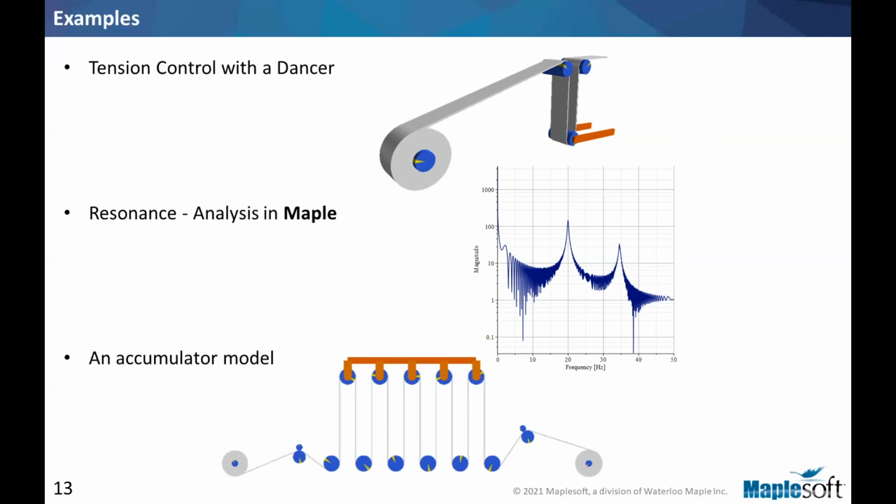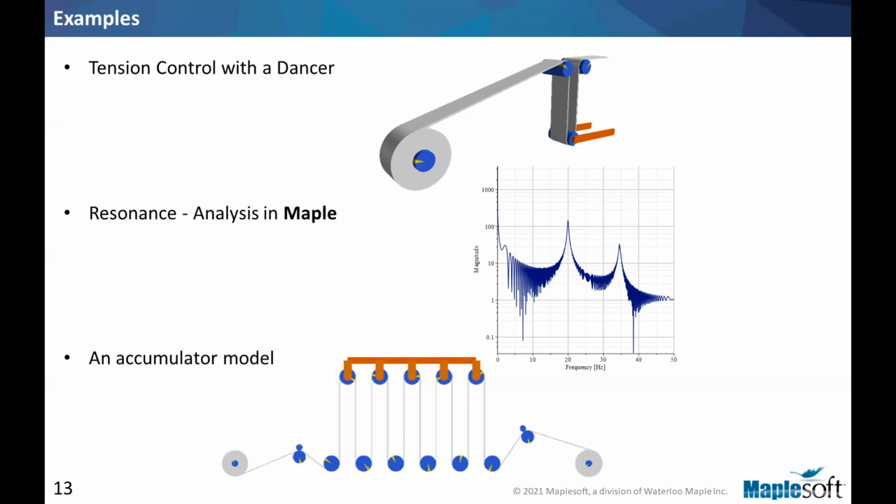These are dynamic systems, so they could go through resonance. So we have an example showing how a system is set up, and then further post-processing on the data is done in Maple. Obviously, I won't be able to go deep into Maple, but there is a whole host of applications and expansion and enhancement that you can do in your modeling and analysis work inside Maple, pre-processing and post-processing, and equation analysis.